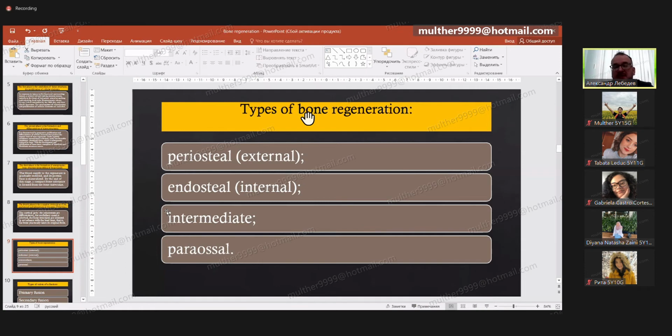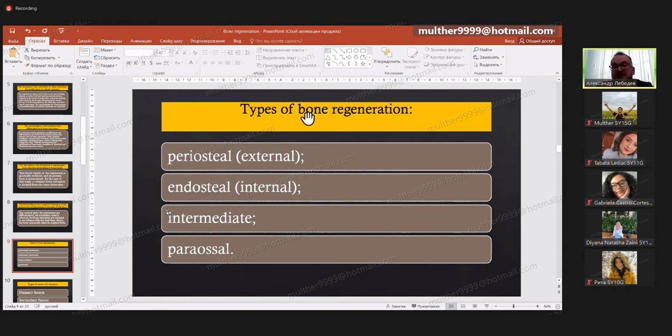Why? Because the periosteum is more highly vascularized than other parts of the bones. That's why this layer of bone can regenerate faster and first. And if you speak about the first and second phases of bone regeneration, all of these cell determinations happen there in the periosteal layer.